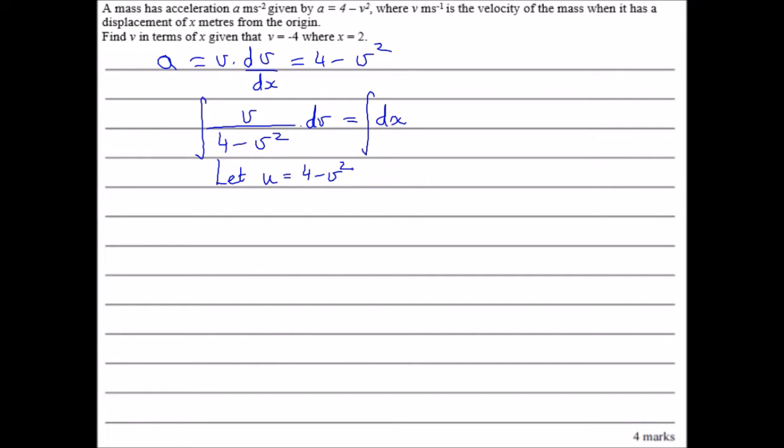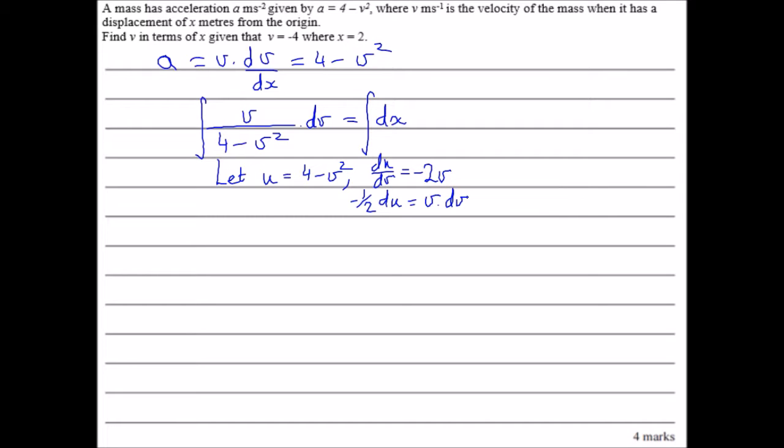Okay, so from that we have the u dv, the negative 2v, and from that, by transposing this little equation involving the derivatives, we've got half of the du is the v dv on the right hand side.